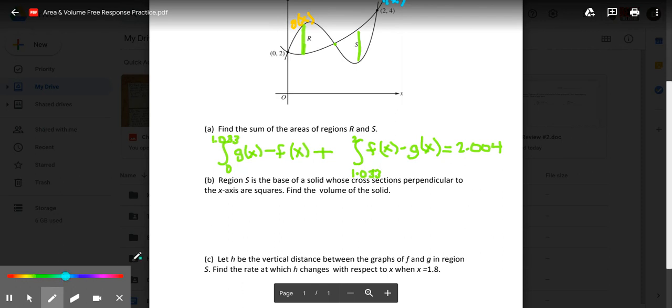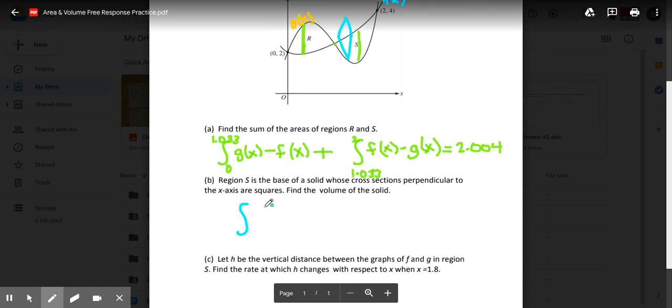Like I said, it's not easy drawing it three-dimensionally, but the cross sections are perpendicular to the x-axis. So these squares, it's kind of hard to see, but I try to make it look three-dimensional where this top is sticking out of the page. So this is the height, and this is the width, and this is the top of it sticking out of the page.